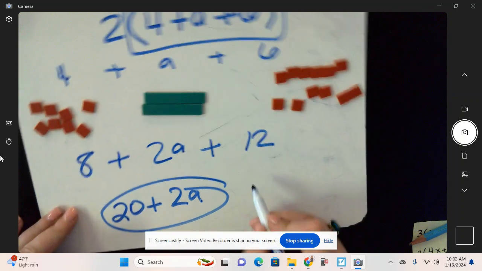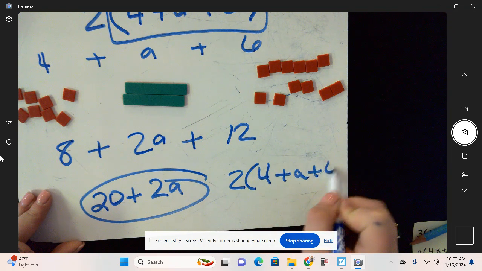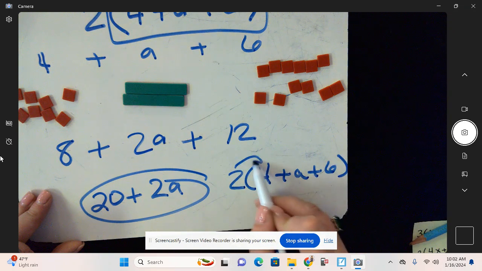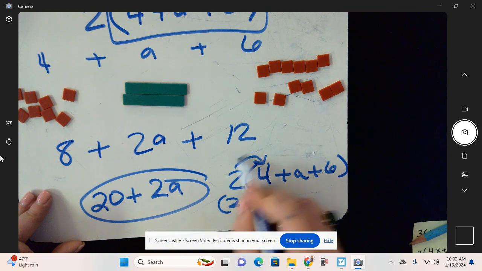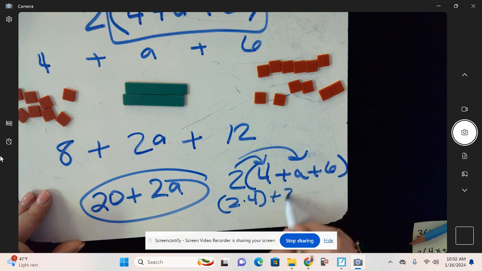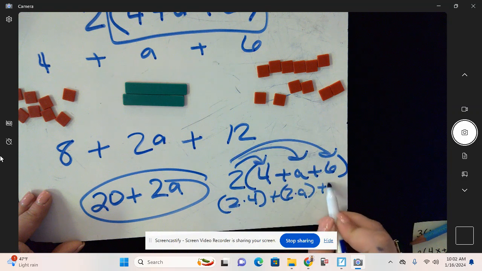I could do the math written out version of that. I can distribute the 2 to the 4 and it'd be 2 times 4. And then I have 2 times A. And then I have 2 times 6.